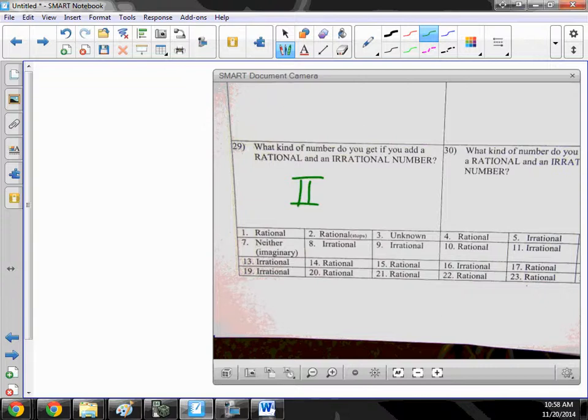Can you take a rational number and an irrational number, multiply them together, and get a rational number? So one example is 2 times pi, which is 2 pi. This is irrational. So if I take rational and irrational, I can create irrational. Can I take rational and irrational and get rational?